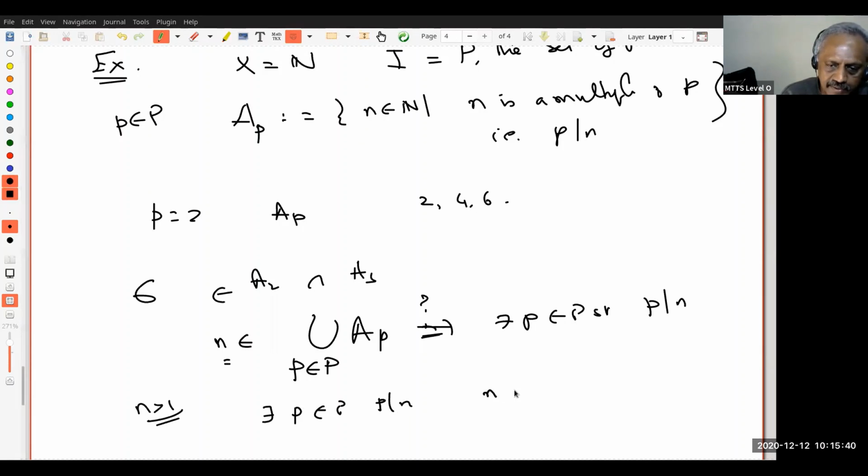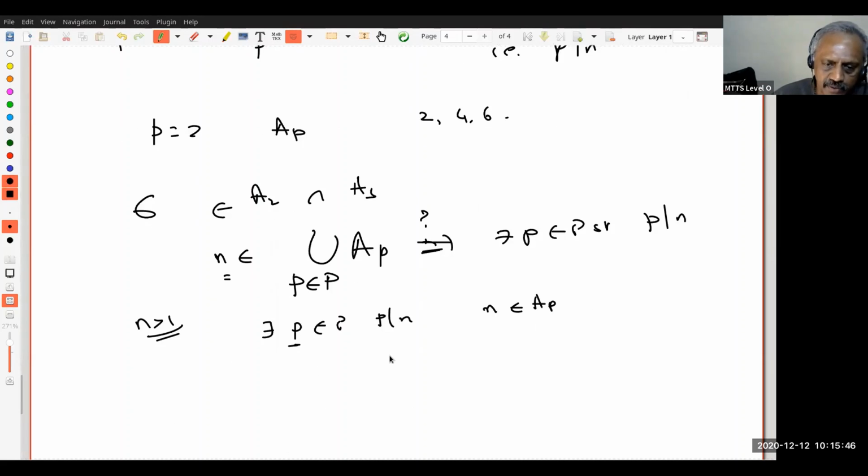Therefore, that particular n has to be in some A_p. There is at least one p. Therefore, what do I know? All natural numbers n in N, so that n is greater than 1, is contained in the union of A_p, p in P.